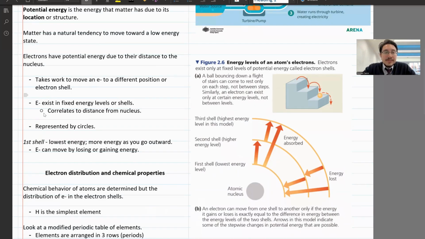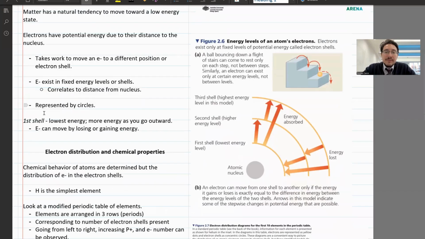So make sure you note this: electrons exist in fixed energy levels or shells, and that energy level correlates with the distance from the nucleus of an atom. They're usually represented by circles.